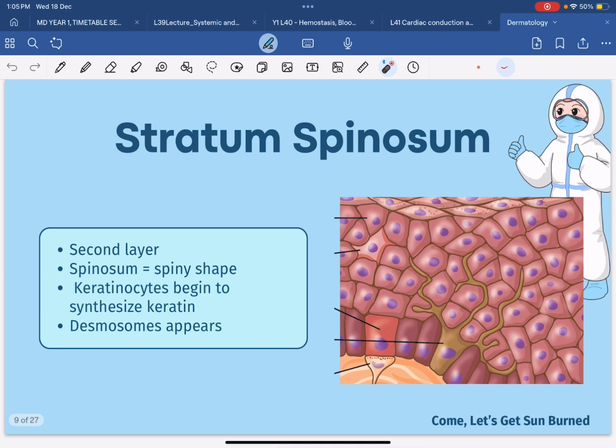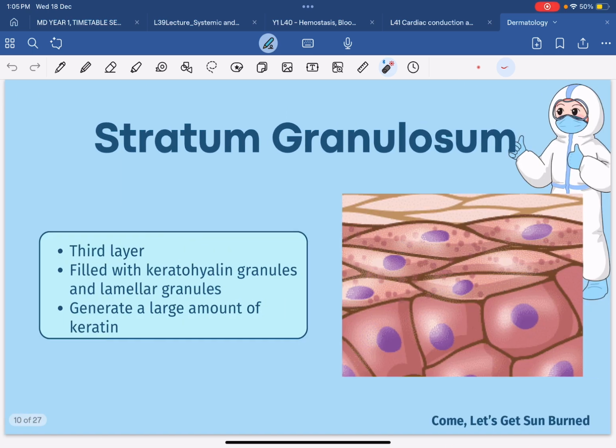The second one is the stratum spinosum. Why is it named spinosum? Because of its spiny shape. In this layer, the keratinocytes begin to synthesize keratin and desmosomes appear between cells. The third one is the stratum granulosum.